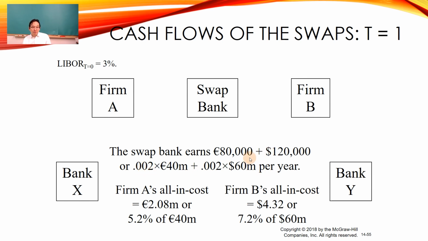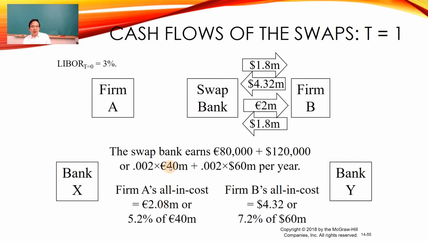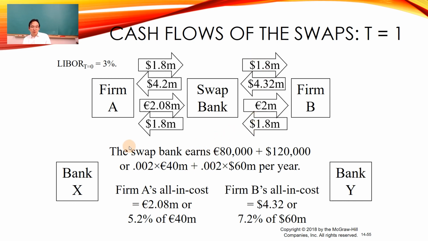That's that. And then firm A's all-in cost would be, okay, like this. So those are the swap banks earning money.